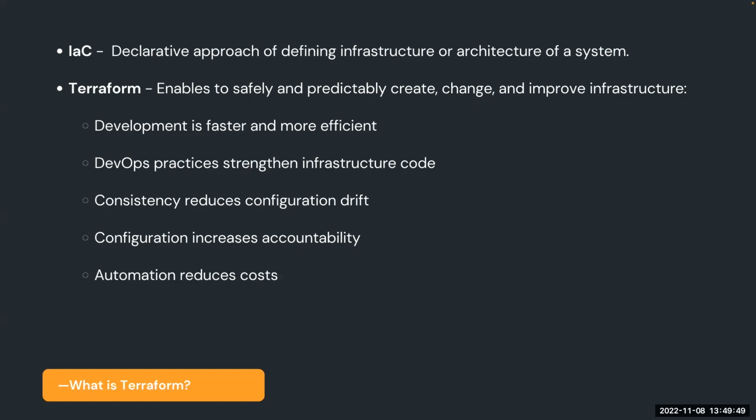That's how Terraform was born, to keep all these infrastructure changes and make them reusable across our stack. And that's how we can make our infrastructure development faster and more efficient.